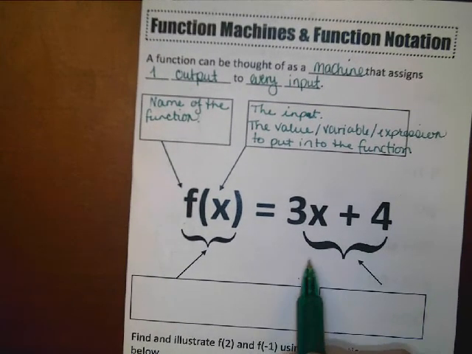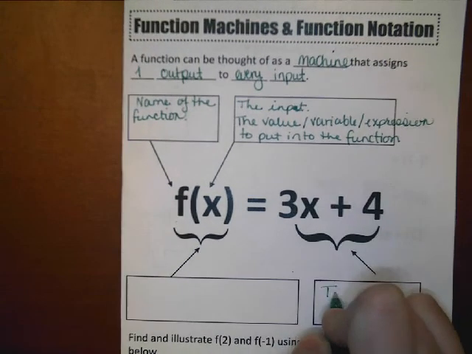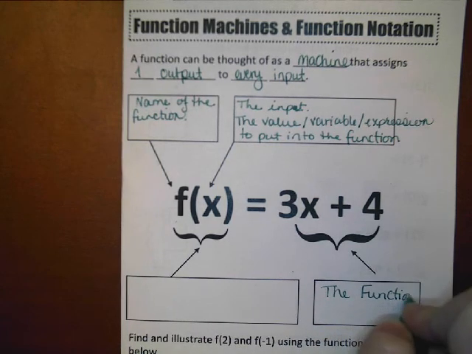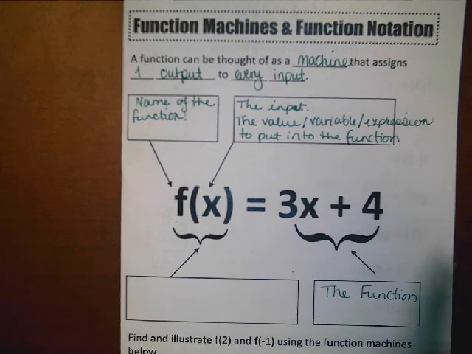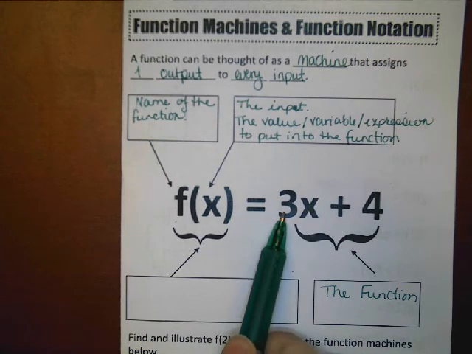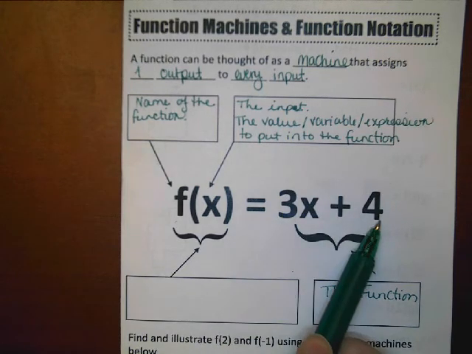So on this side, this 3x plus 4, that is the function. And what the function is saying is take whatever your input is, multiply it by 3, and then add 4. That will give you the output.